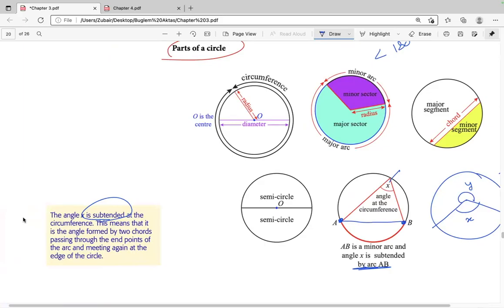Let me pick up the meaning. I do understand that, but very vocabulary. Subtended, drawn, built, mentioned, marked, spreaded. For example, it's shown at AB.